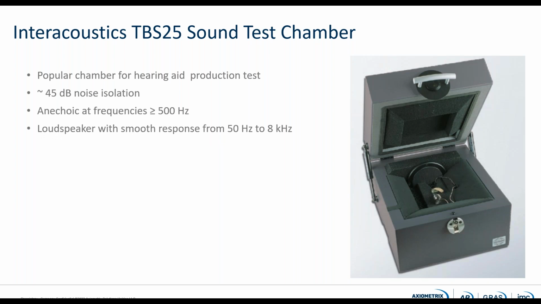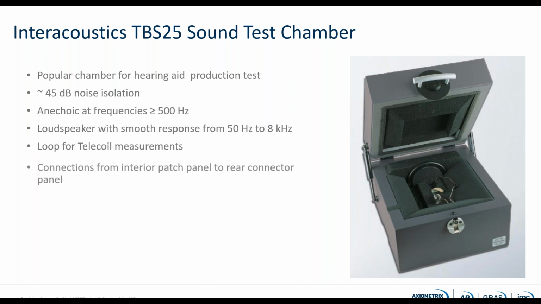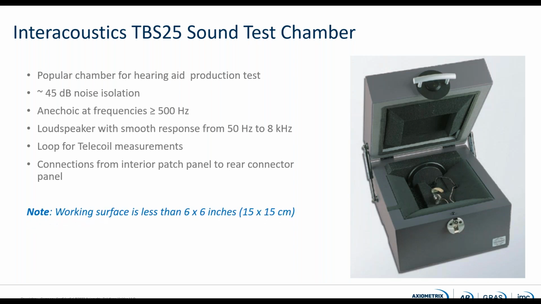It's very flat. A built-in loop for telecoil measurements, and has connections from interior patch panel to a rear connector panel. It makes it easy for connecting both devices and analyzers to the box.